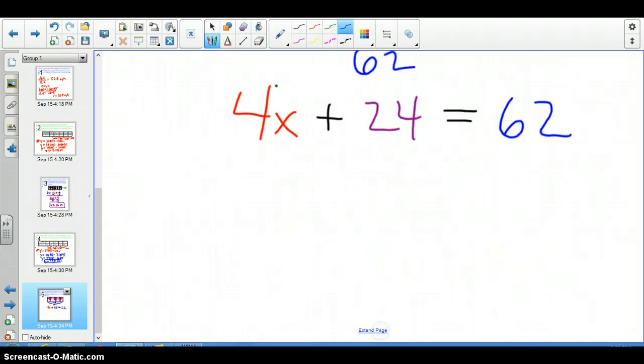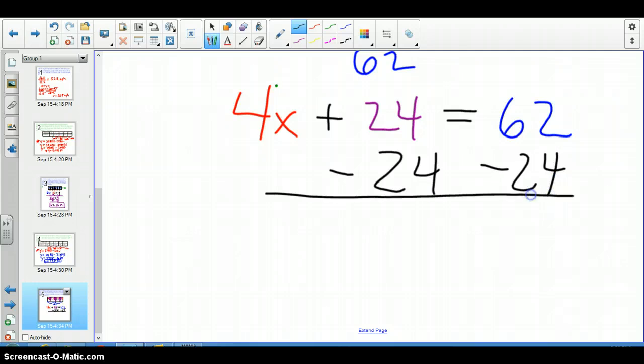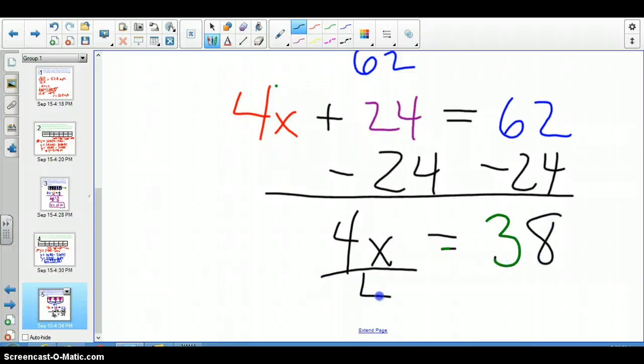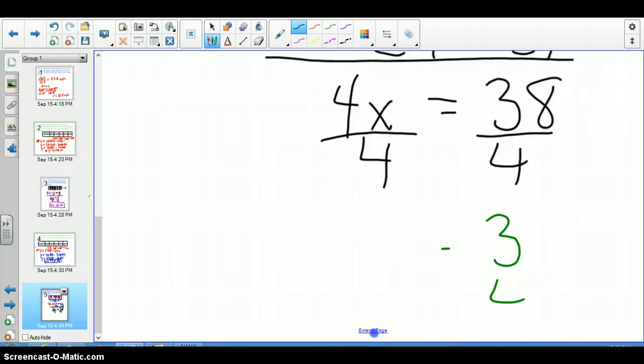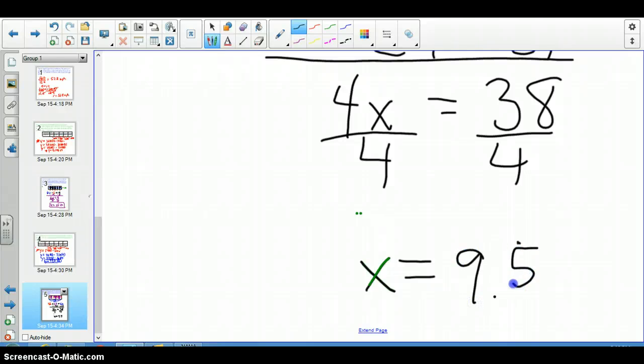It's a 2-step equation, just like that last one. I'm going to subtract 24 from both sides. Get 38, and then divide by 4. So x equals 38 divided by 4 is 9.5 feet.